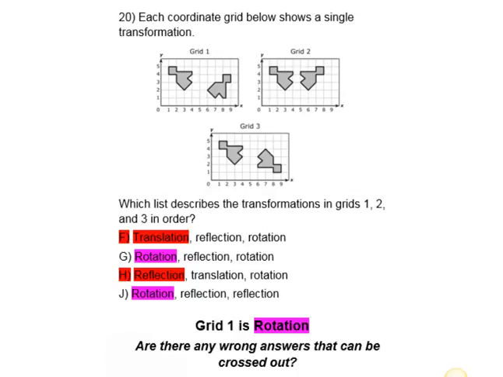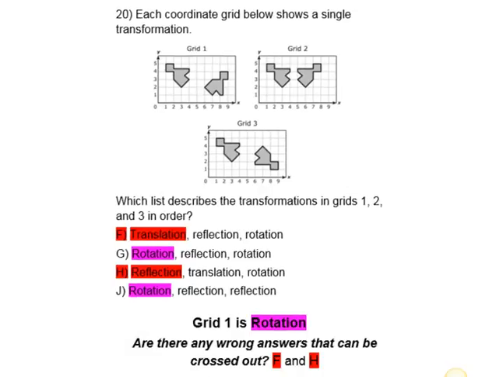We already know that's incorrect. And also for H, it starts off and it says reflection. That's wrong as well. So again, the wrong answers that we can cross out are answer choice F and answer choice H. And just like that, we've increased our chances 50% of getting the answer correct. That's good.